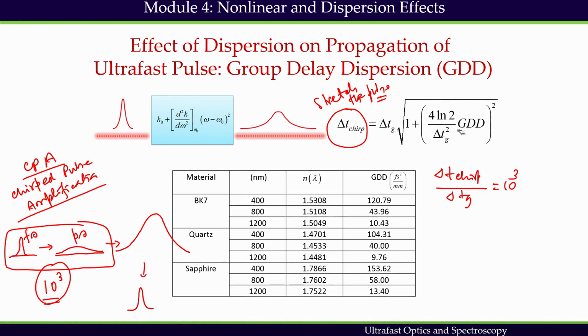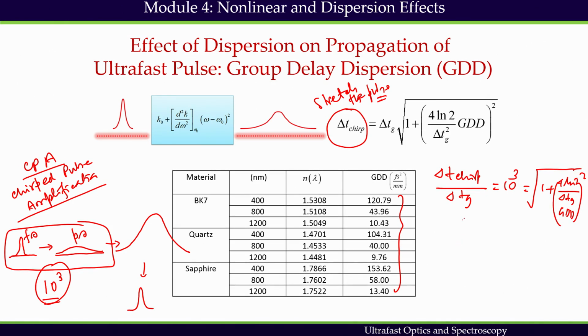If the GDD is comparable to the values given in this table, then we can select one of the materials to increase the pulse duration. So let's check: the ratio 10 to the power 3 is equivalent to the square root of 1 plus (4 ln2 GDD divided by delta T squared) squared.